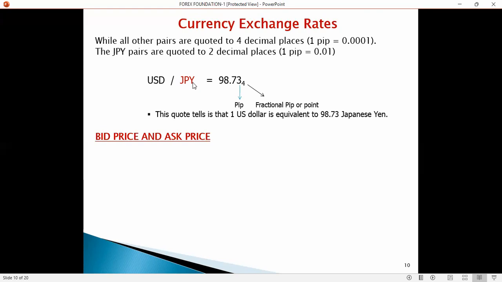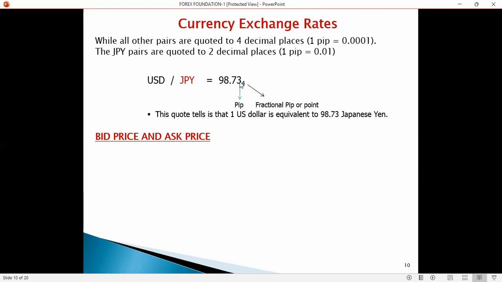So if you are giving me US dollars and I want to give you JPY, I'm going to give you 98.73 Japanese yen for you to give me 1 USD. I hope this is clear.